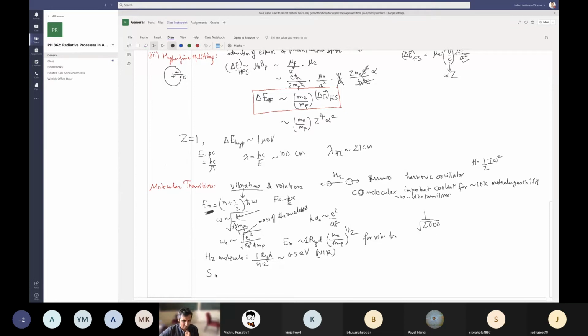Similarly, what about SiO? SiO is a heavier molecule. So its A is bigger, of order 20. The nuclear mass is bigger. So this is about 0.05 eV, which appears in mid-infrared.